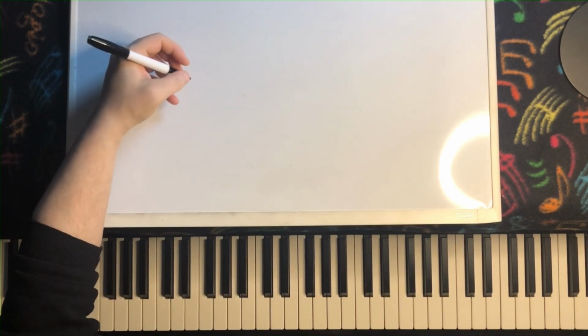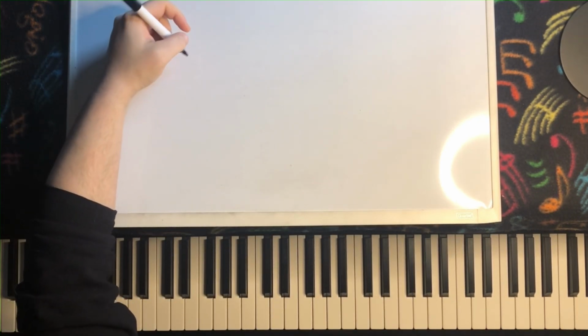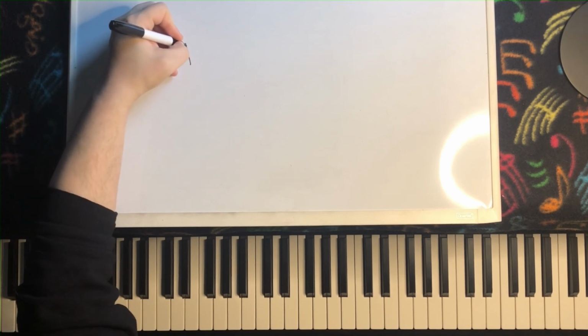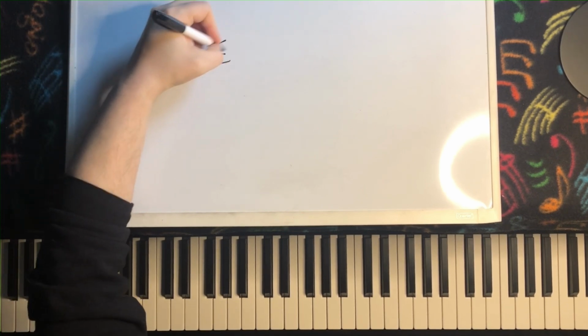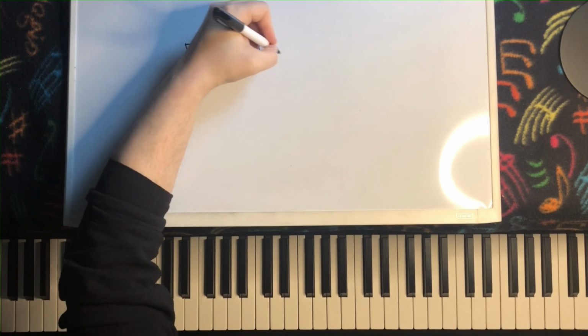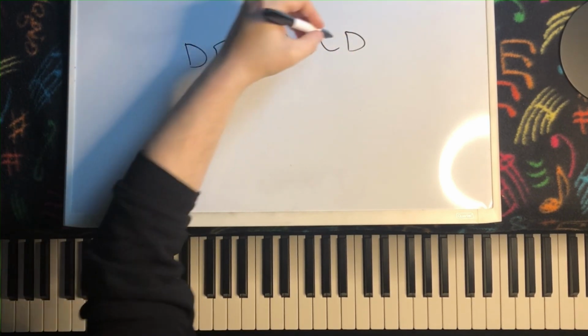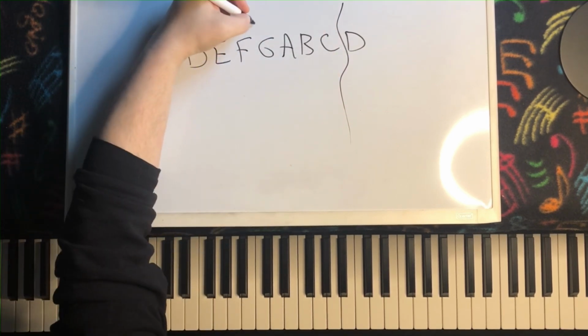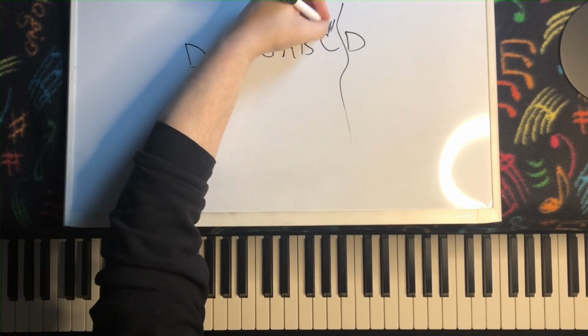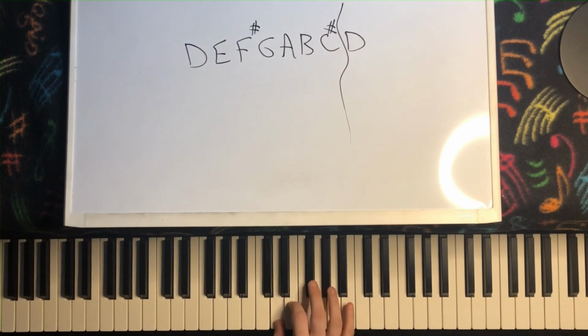So let's go D major again. Or no. Let's go D major. D, E, F, G, A, B, C, D. Okay, so if you know your major scales pretty well, we know that there needs to be an F sharp and a C sharp in here. Right?